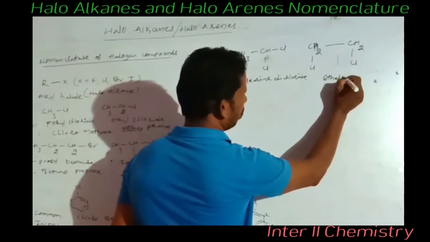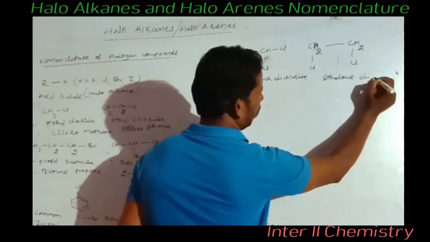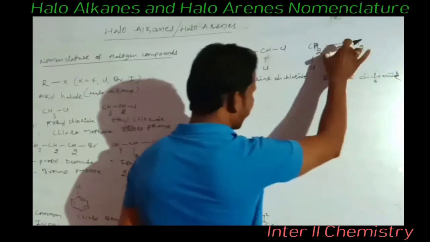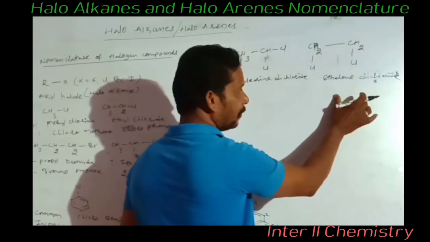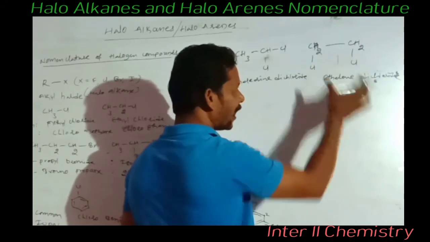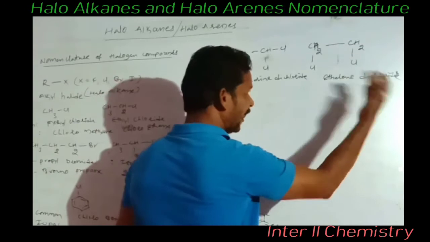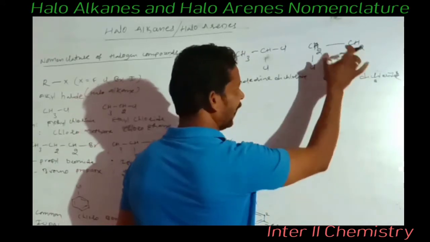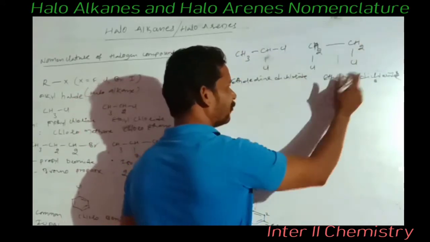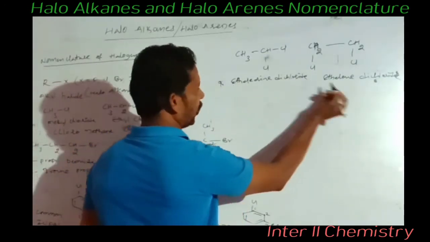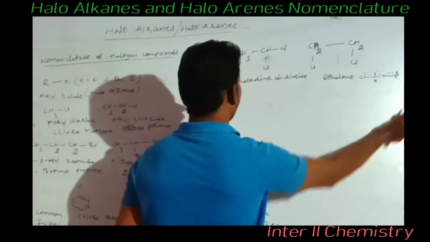The other is called ethylene dichloride. You have to understand it has come from ethylene. The two halogen atoms are attached to adjacent carbons, so that is why it is ethylene dichloride. You write the name as ethylene, after that you write dichloride. So it is ethylidene dichloride, and this is ethylene dichloride.